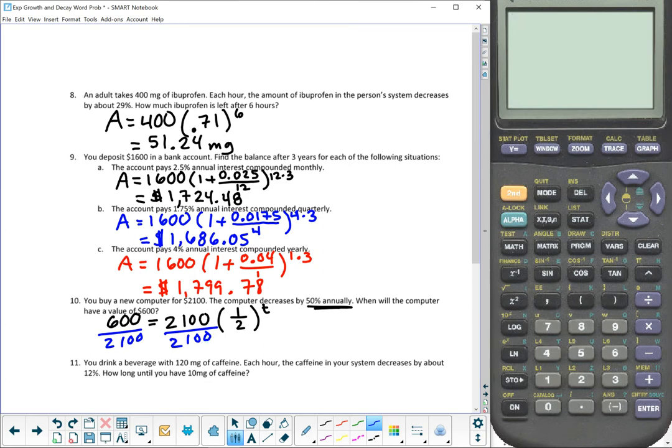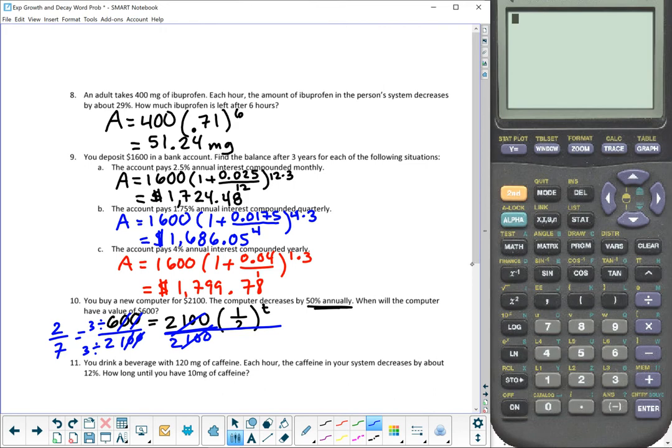Okay, and when I say divide by 2,100, I mean the whole side gets divided by 2,100. But since it's multiplication, I can just divide out which part I want, which is this part right here. So 600 divided by 2,100, I can cross these two zeros out and cross these two zeros, and it'll just be 6 over 21, and if I divide each one by 3, I will actually get 2 over 7.